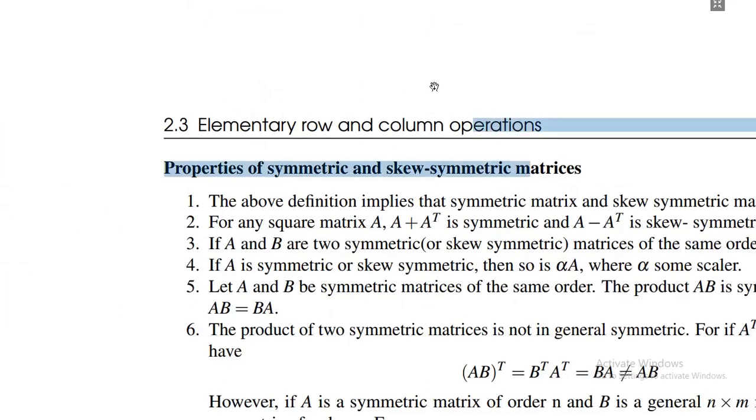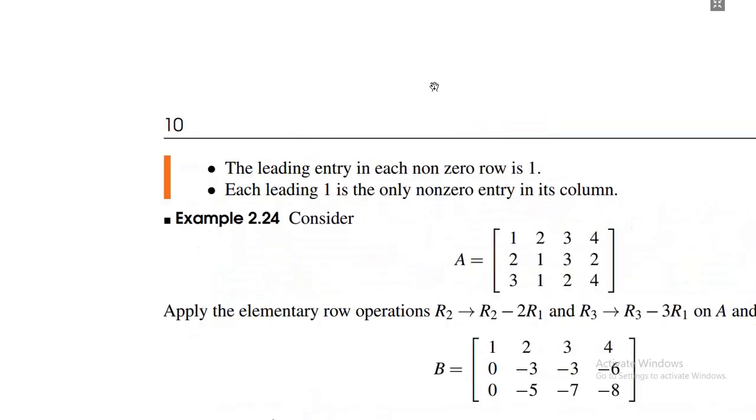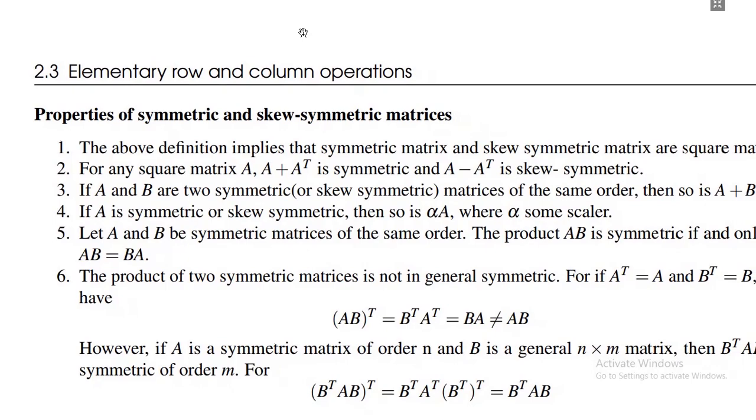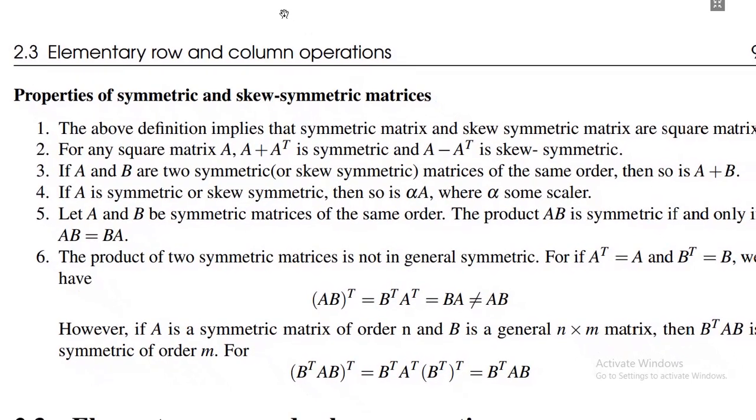What are the properties of skew-symmetric matrices? Now, the properties say that the above definitions imply that symmetric and skew-symmetric matrices are square matrices. One can find skew-symmetric or symmetric matrices only for square matrices.